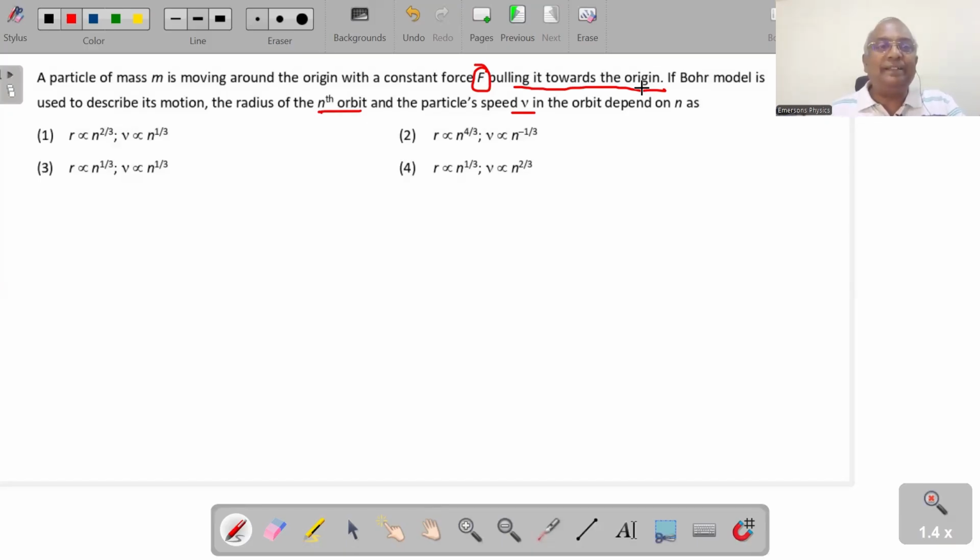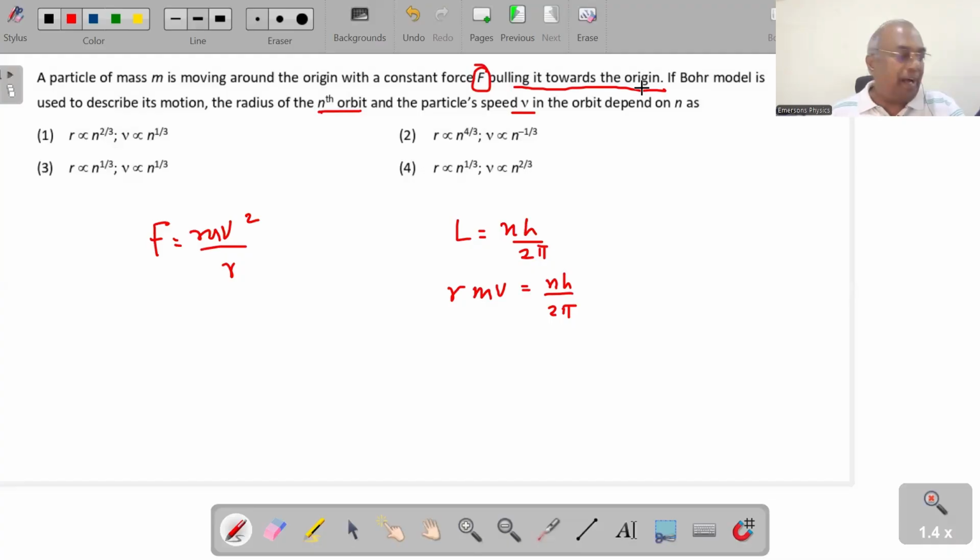We know centripetal force is equal to mv squared by r. That is the formula we know, and we are asked to relate it using the Bohr model. When we say Bohr model, we should remember angular momentum equals nh by 2 pi. Angular momentum is the moment of linear momentum, r into mv equals nh by 2 pi.